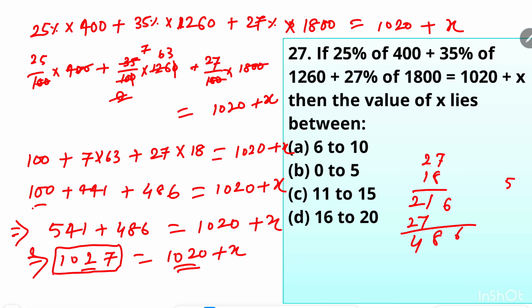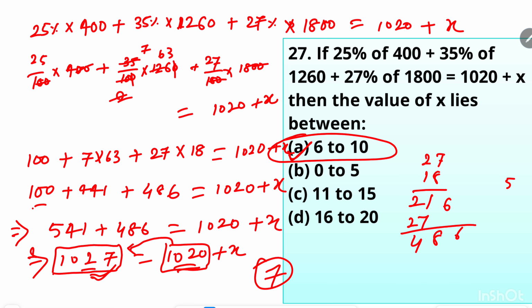This is 1027 and this is 1020. So if this number comes this side, it gets subtracted from this number, so it will give the result 7, and 7 is in the range of 6 to 10. The answer for this question is A. You understand?